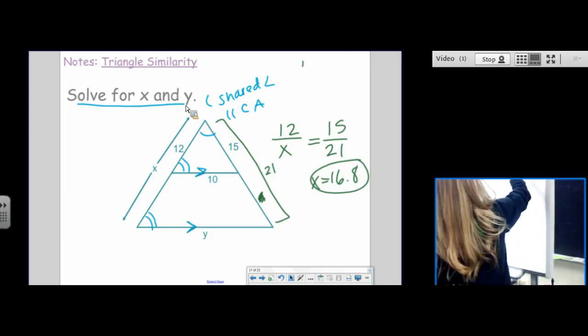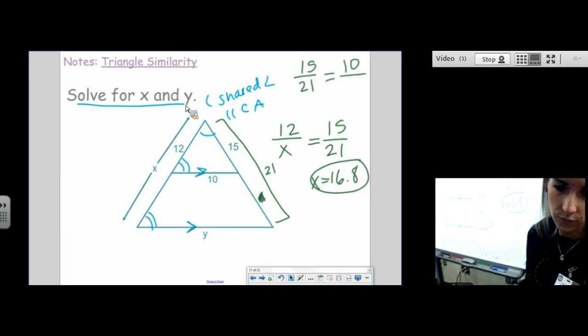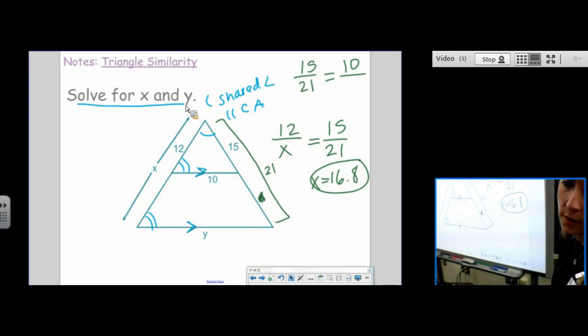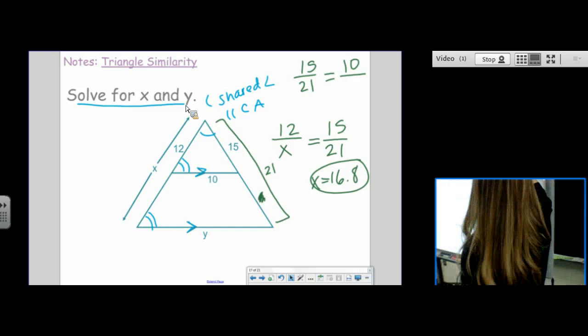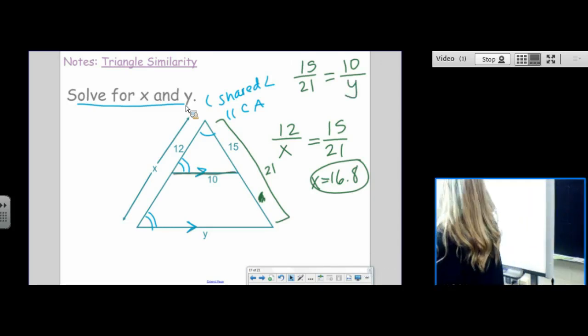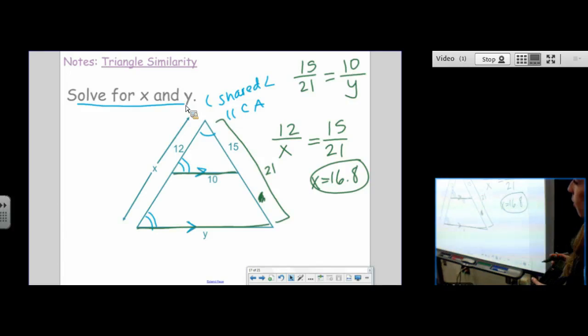15 is to 21 as 10 is to y. 10 is the base of the small triangle, and y is the base of the whole triangle.